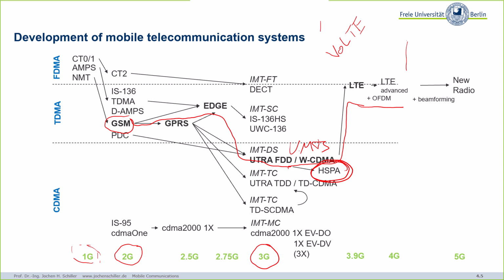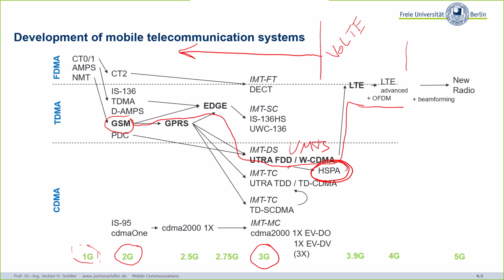The other systems, 3G, 2G, etc., are a kind of hybrid systems. They have circuit switching, that's the classical circuit switching of classical telephone networks, and packet switching.